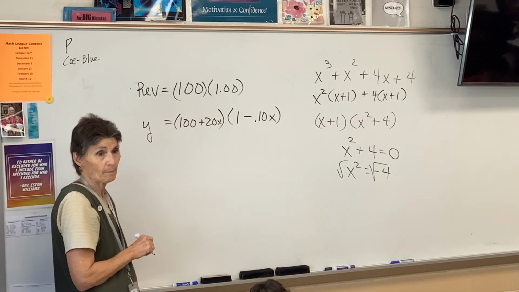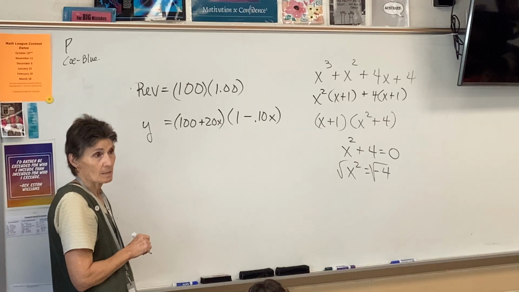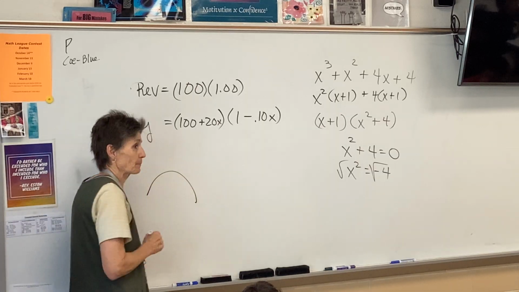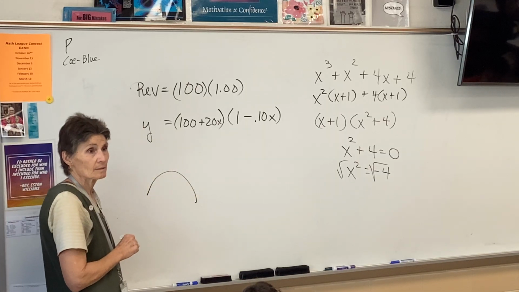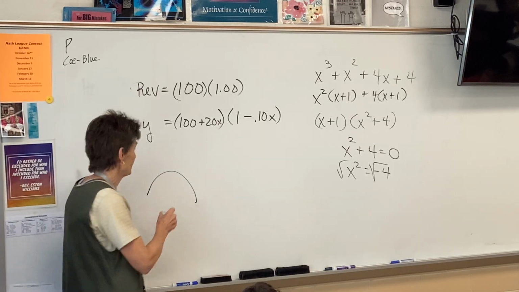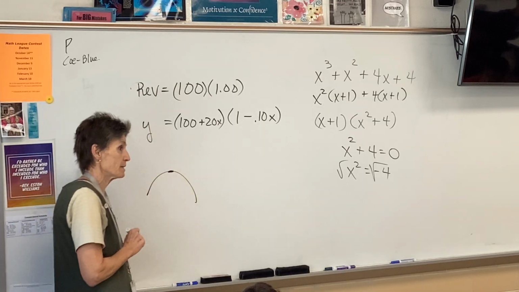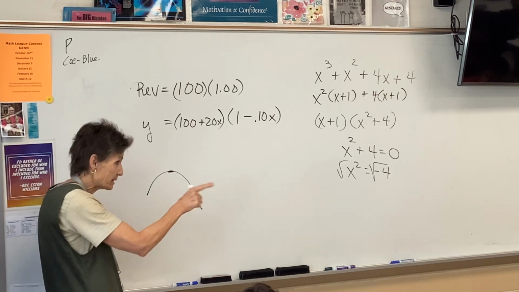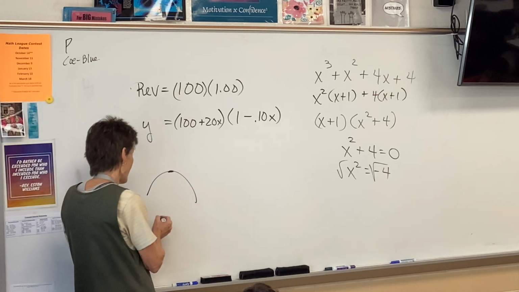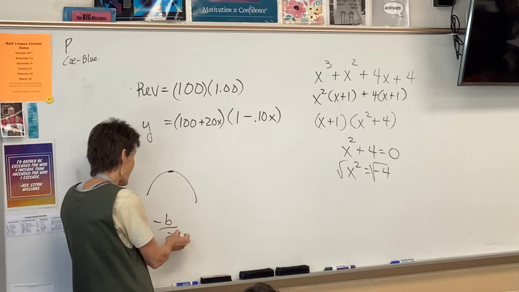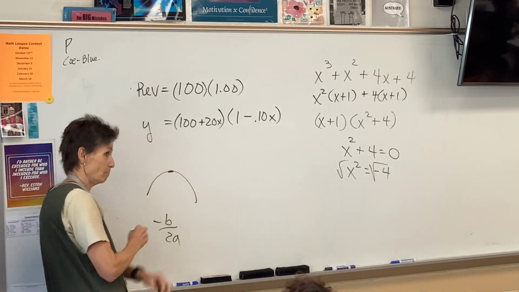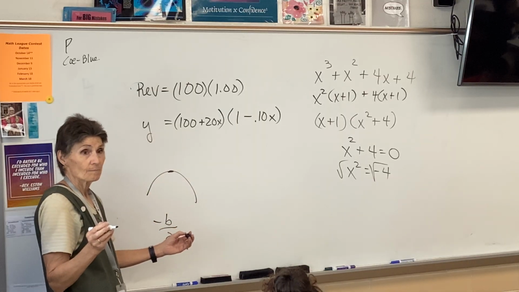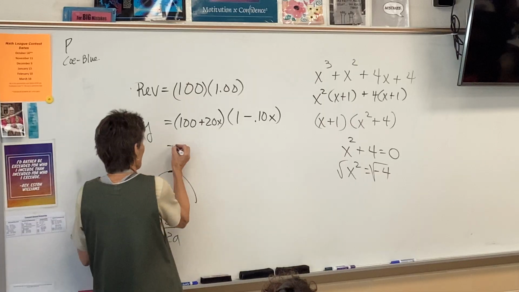Which is what shape? And if I want the maximum, aren't I just looking for the vertex? Negative b over 2a. So don't I have to have my equation multiplied out? So that's what I'm gonna do. I'm gonna FOIL it out.